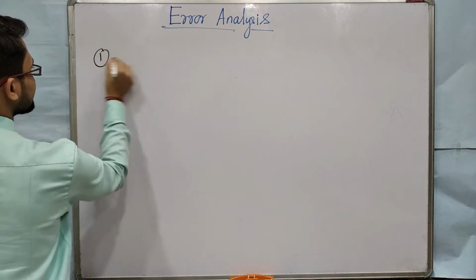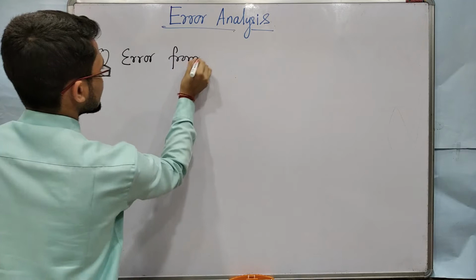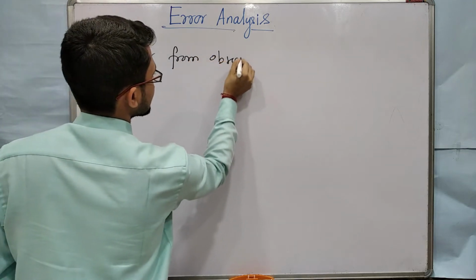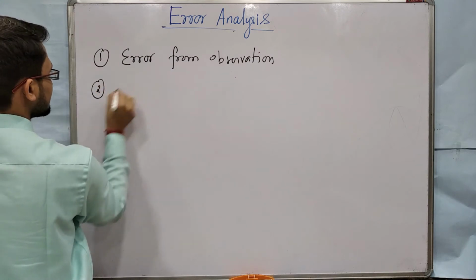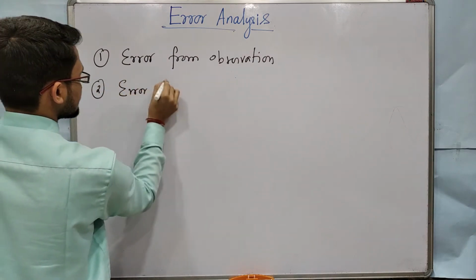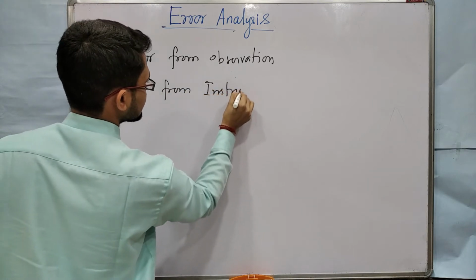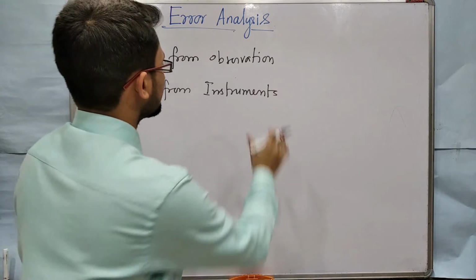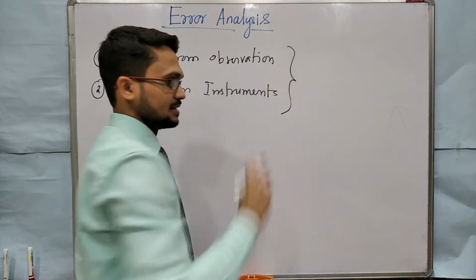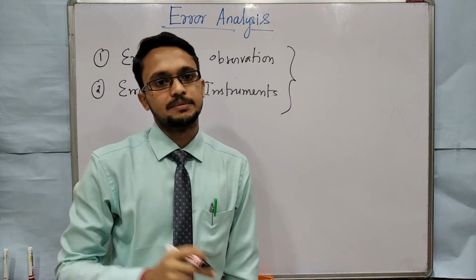First one is error from observation, and second one is error from instruments. These errors can be minimized by doing careful experiments.